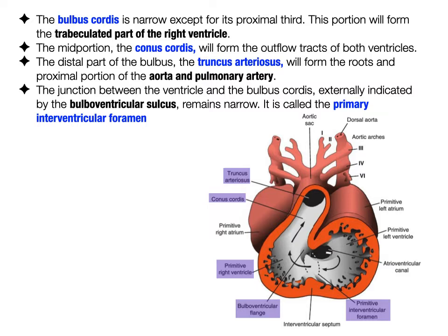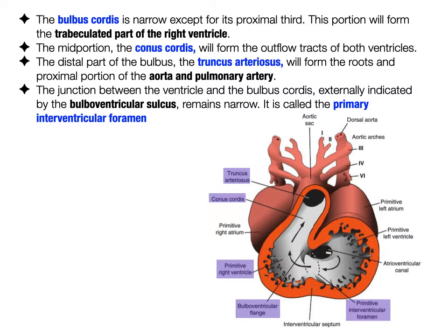The mid part will form a common outflow for the two ventricles, and the distal part, most superior, known as truncus arteriosus, still one artery, but later will divide and form the aorta and the pulmonary arteries.